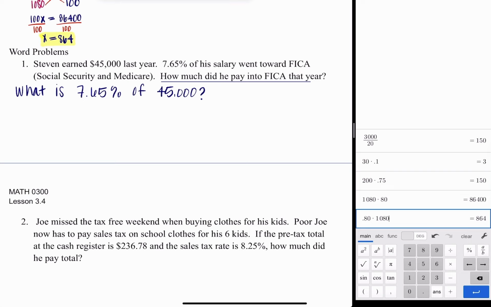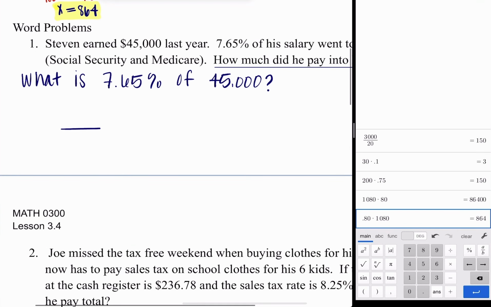If we can answer that question, we determine how much he paid into FICA that year. So I'm going to set up our proportion. Well, we have our percentage. It is staring us in the face right there. So that's going to be 7.65.